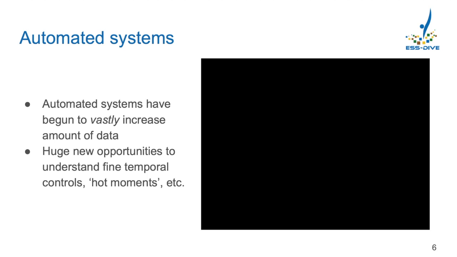So instead of going out once a month and measuring something and constructing, for instance, an annual budget, these systems are measuring every 30 minutes or 60 minutes or something like that. And this opens big new opportunities to understand a lot of fine temporal controls, short-term dynamics, how those scale in space and time, things like hot moments.